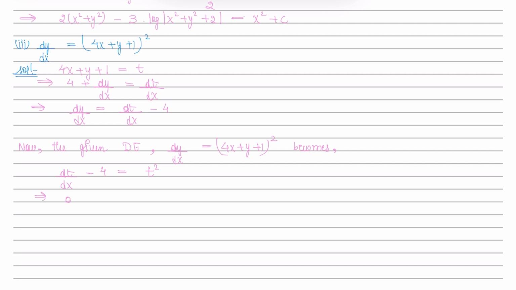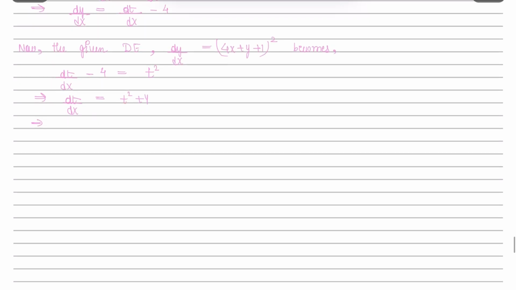This is very simple now. dt by dx is equals to t square plus 4. Since this becomes variable separable form now, taking the like variables on one side and integrating both sides.